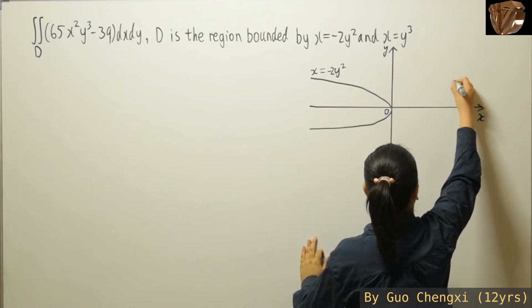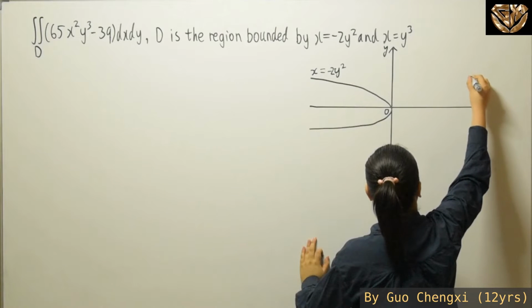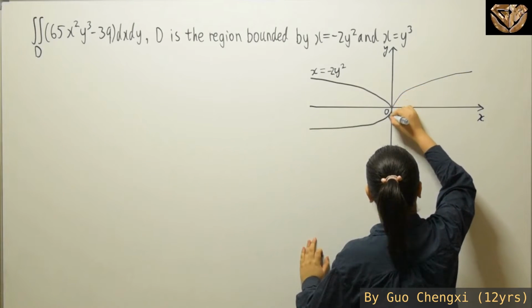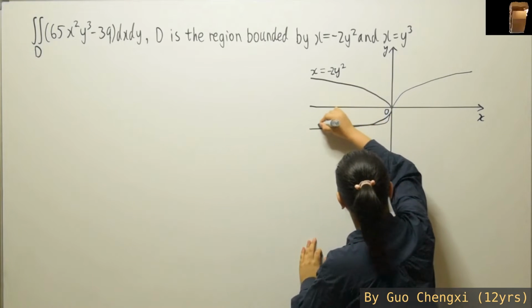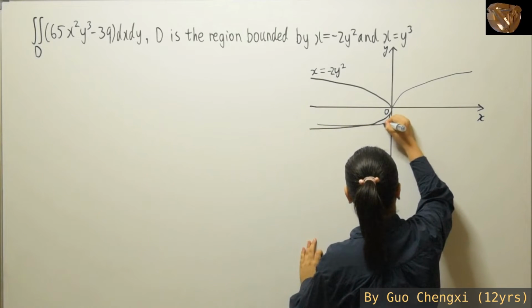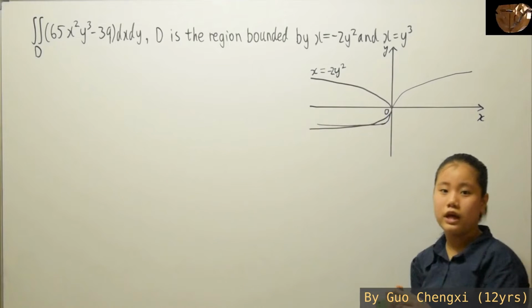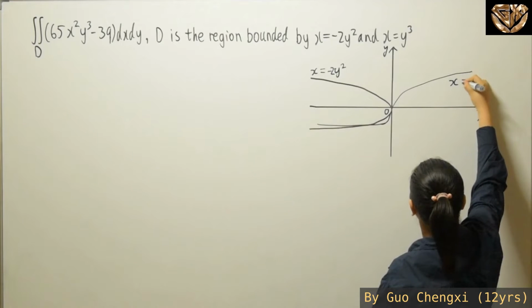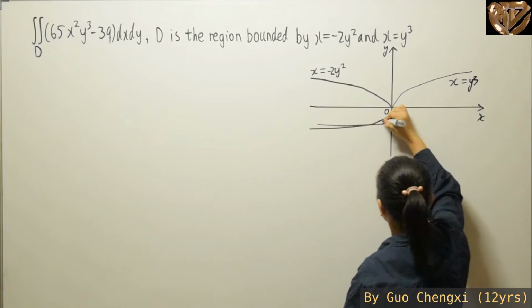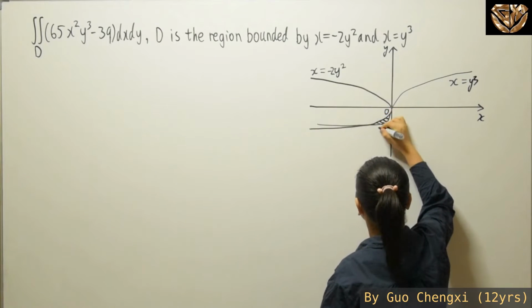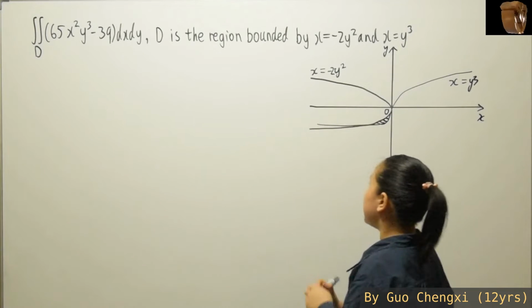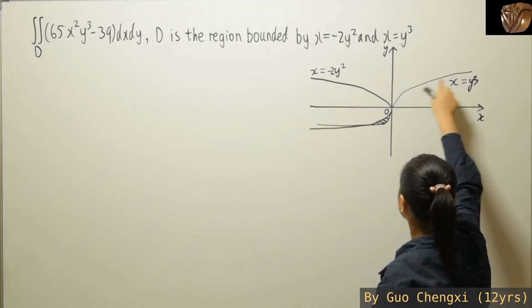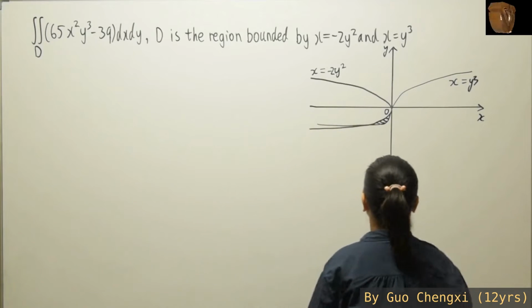So we get something like this, x equals y cubed, and this part is the region bounded, D.